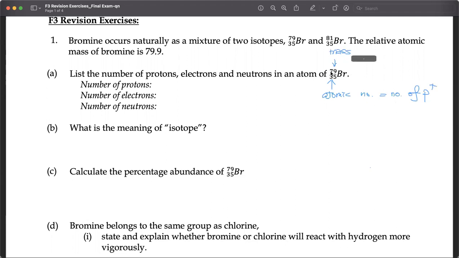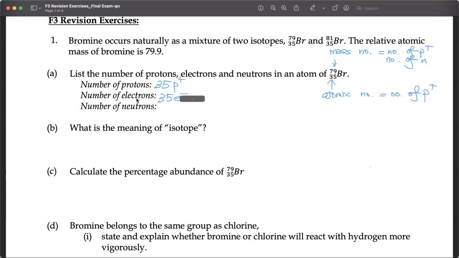The mass number is the number of protons plus the number of neutrons. So with this kind of notation, we can easily find that the number of protons in this isotope is 35, and the number of electrons is 35 as well.